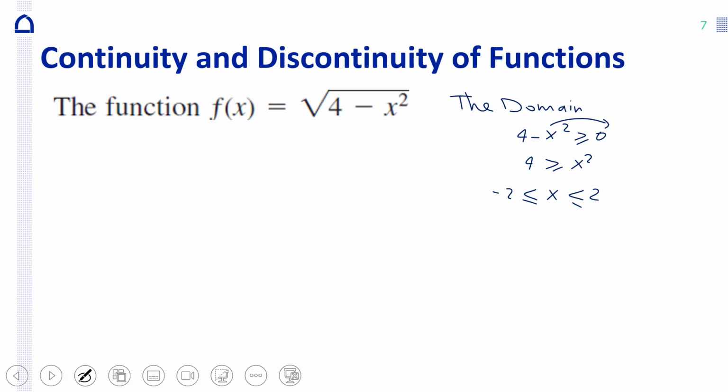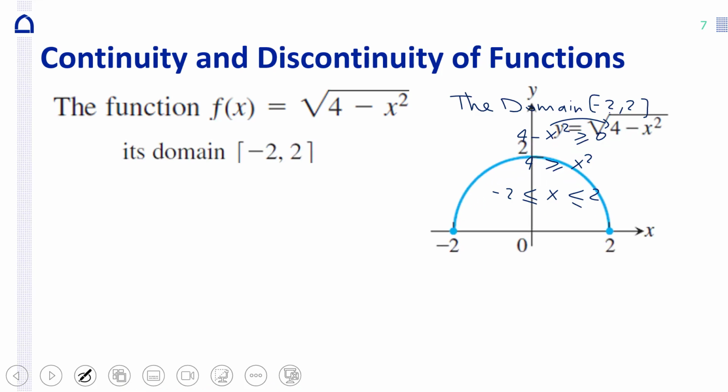So your domain is -2 to 2, a closed interval. So the function is continuous in this domain, in this interval, because even if you graph it, you will have a half circle with radius 2 and center 0, 0.